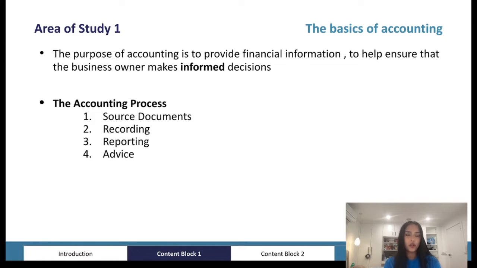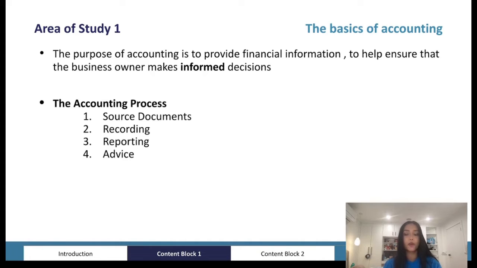Because we focus on small businesses, usually it's just one business owner.